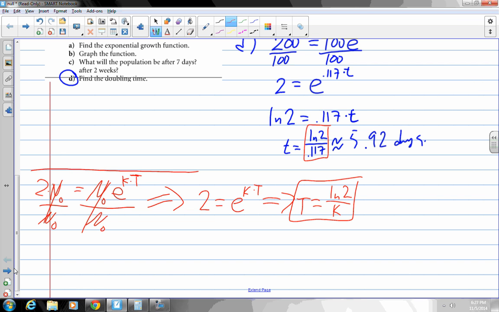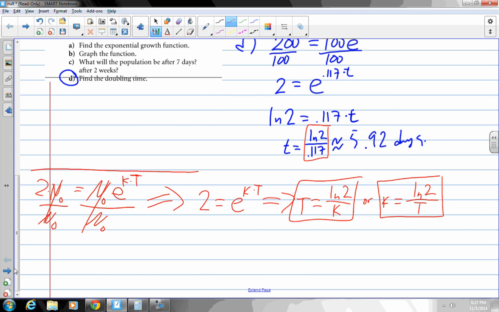So if you know the rate, you can find the doubling time. If you know the doubling time, then you can find the rate really easily. You can always say the rate equals natural log of 2 over the doubling time. So these two are kind of the same formula. And it's always going to hold true regardless of the initial population.